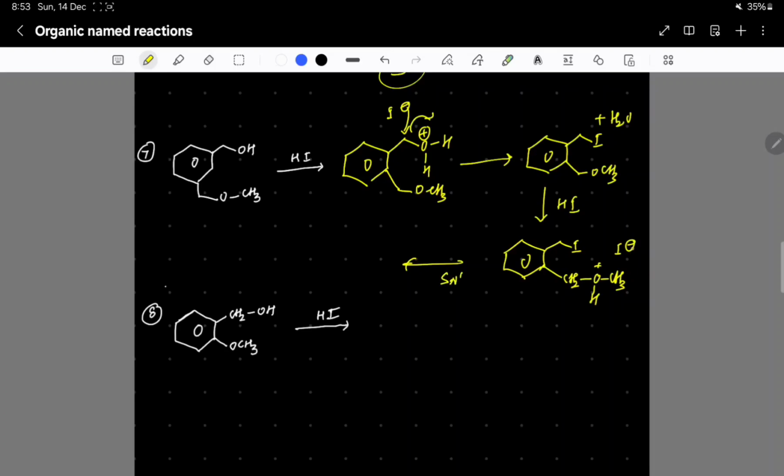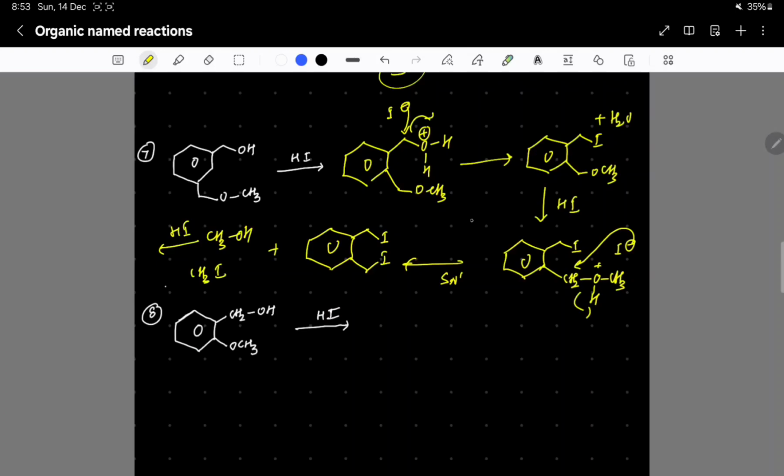Now this I minus will attack and you will get CH3OH. I will get the possible product with I and I. Now methyl alcohol is left over. Again it will react with HI and then form CH3I.